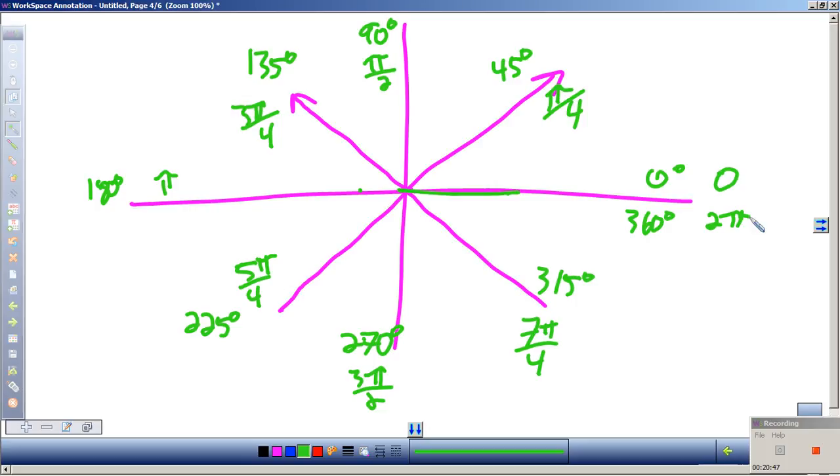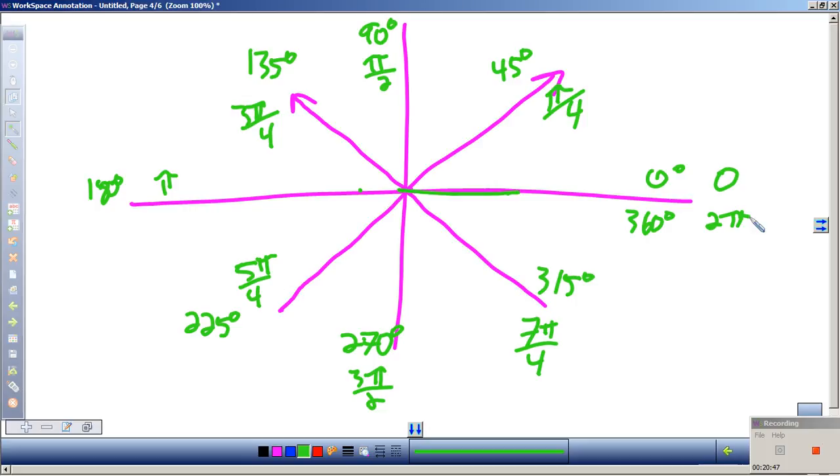So, first test, all that memorized. Just getting your degrees rating for those 8. Some of you sound like you already have it. You should be able to do it fairly quickly.